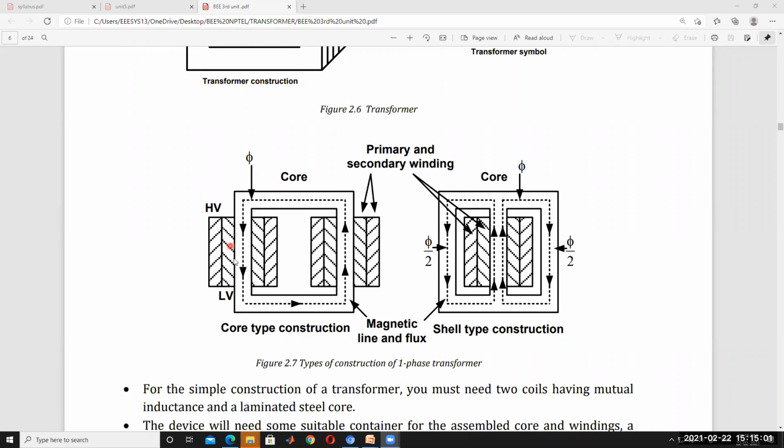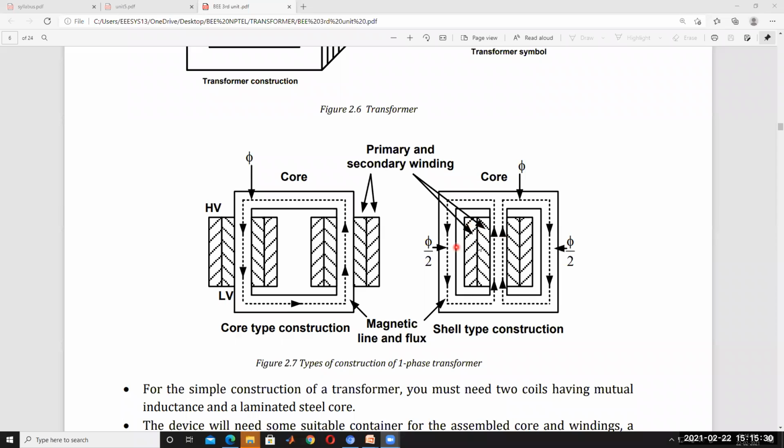With the low voltage winding near the core, the insulation level required is very small, both to separate the high voltage and low voltage windings, and to separate the core and the low voltage winding. That's why the low voltage winding is generally placed near the core.